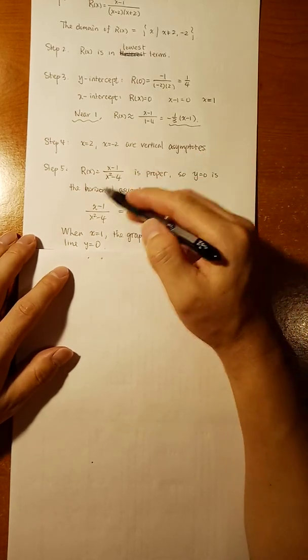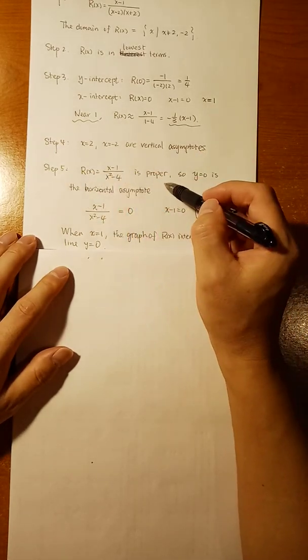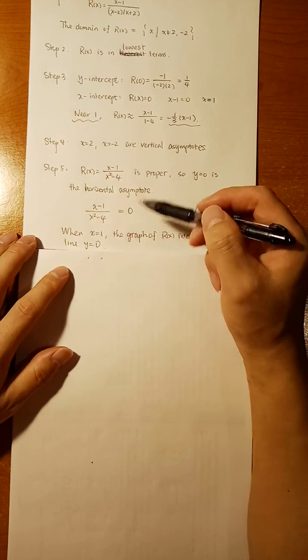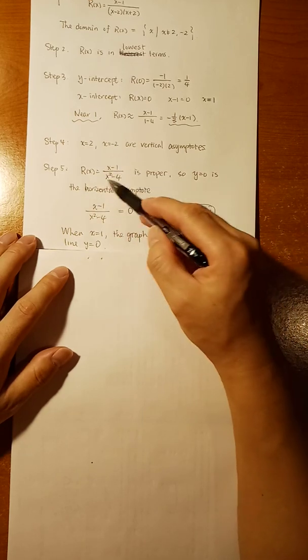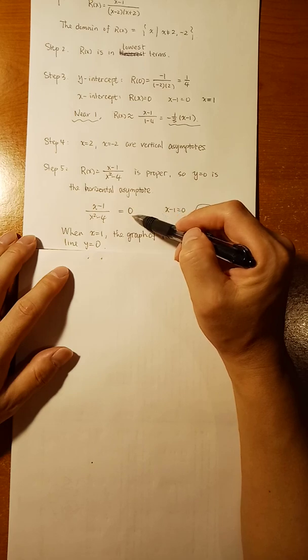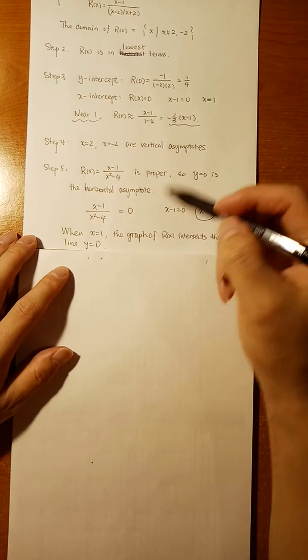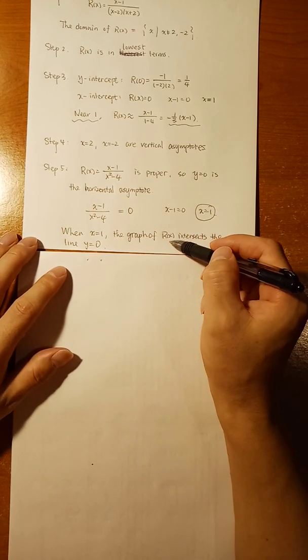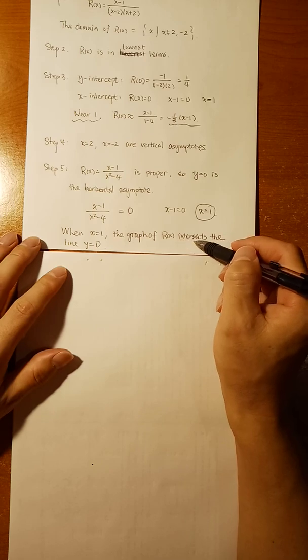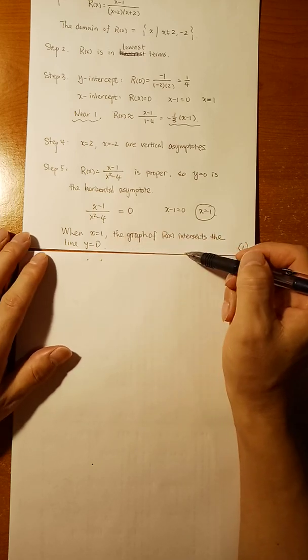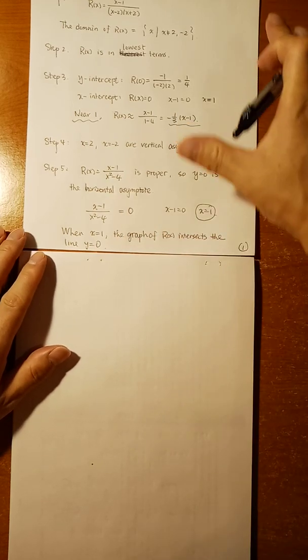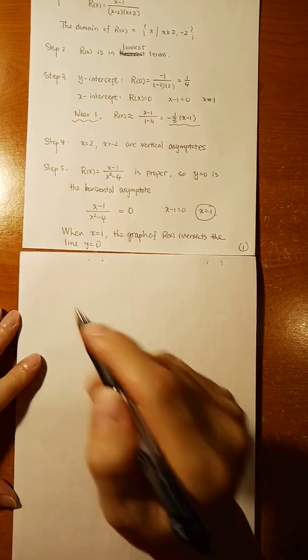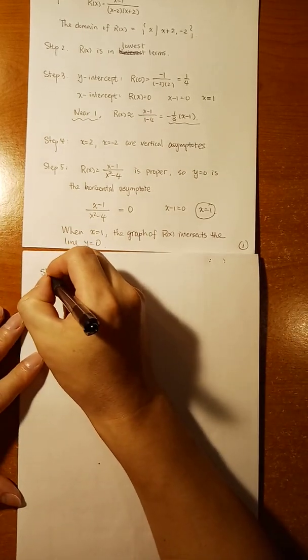And step 5, we get either the horizontal or oblique asymptote. This is proper, so the horizontal asymptote is 0, and we also find the possible intersection point between the graph and the horizontal asymptote. That's what we just did in the first 5 steps.